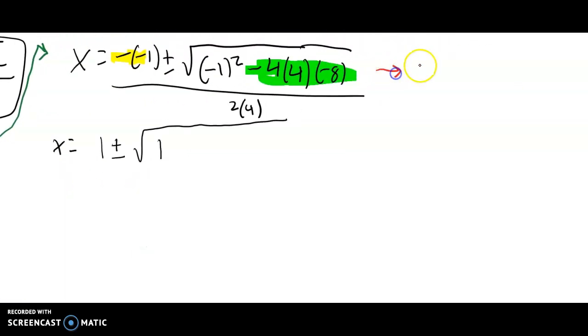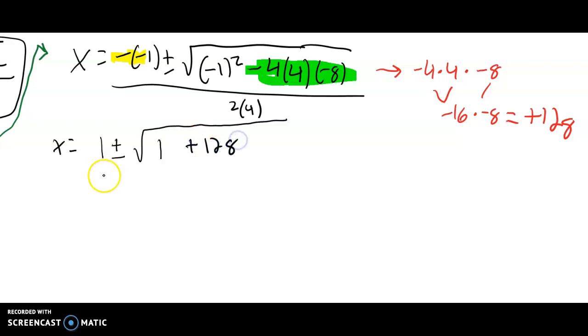What we really have is negative 4 times 4 times negative 8. Negative 4 times 4, negative 16 times negative 8 is positive 128. So I've got plus 128 all over 2 times 4, so all over 8.